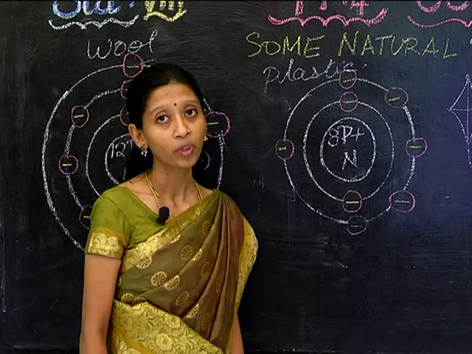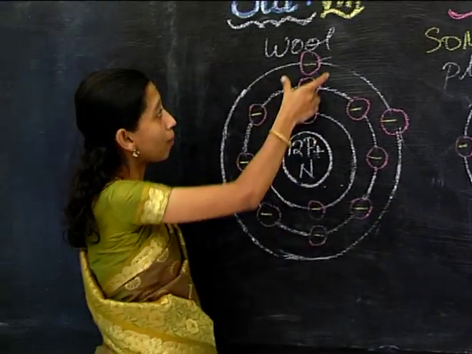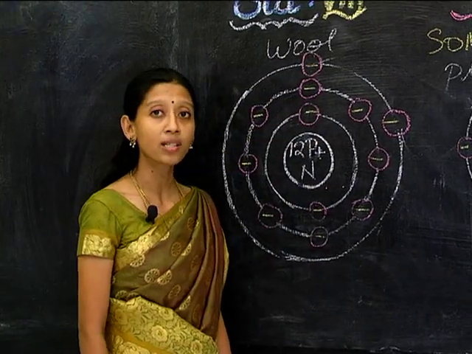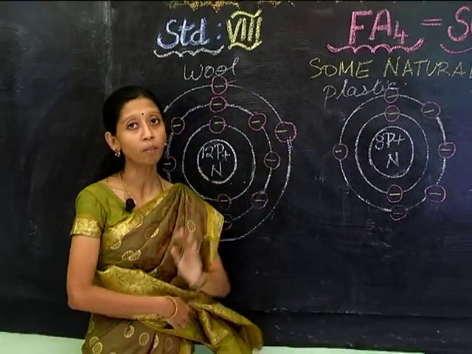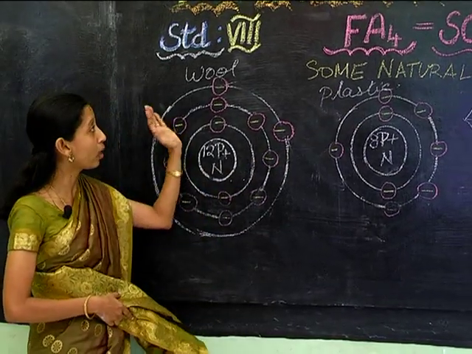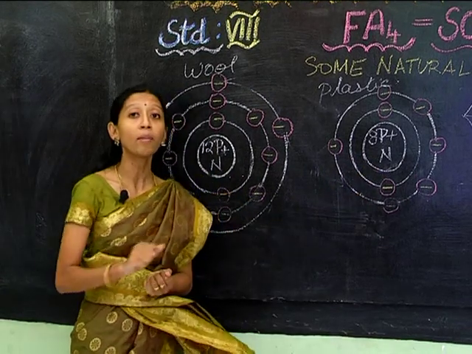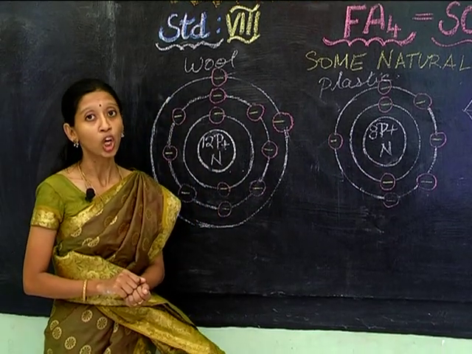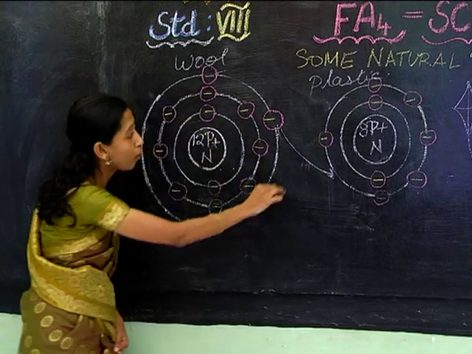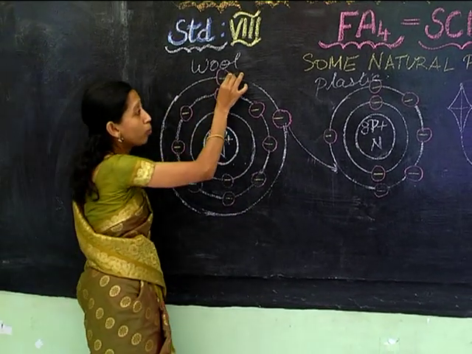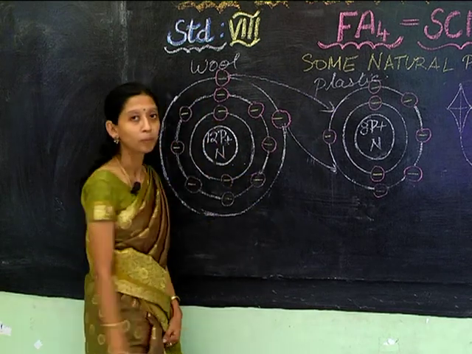This atom is also said to be neutrally charged. Now say this is an example of an atom present in wool and this is an example of an atom present in plastic. I take a piece of wool and a piece of plastic and rub them against each other. You will find that two electrons from the outermost shell of wool move on to the plastic.